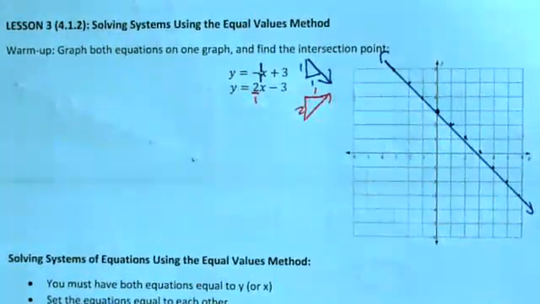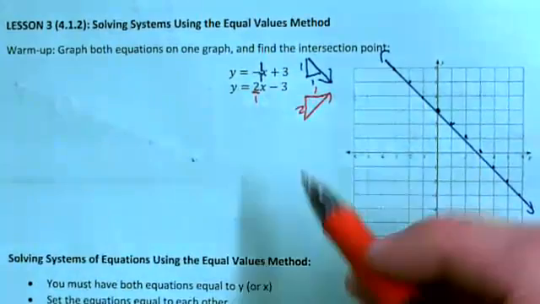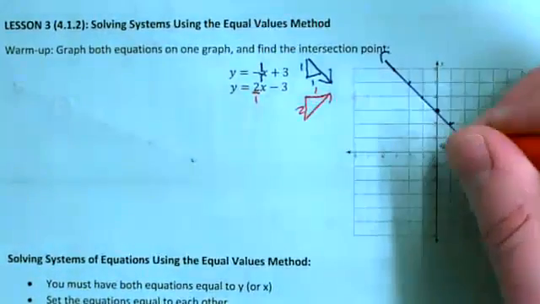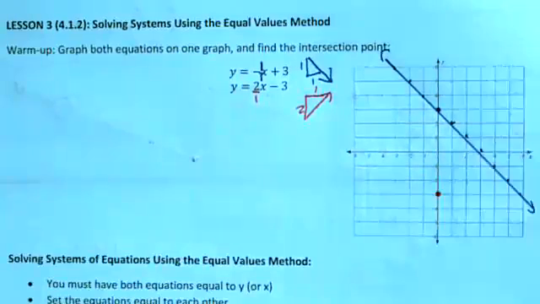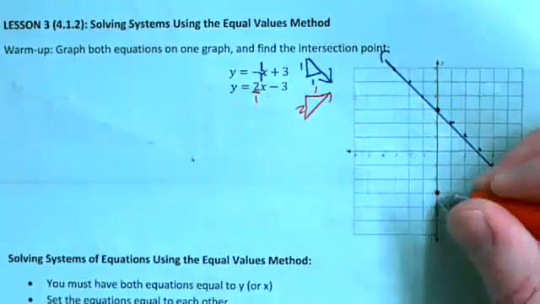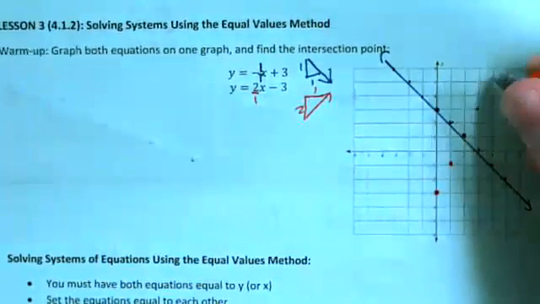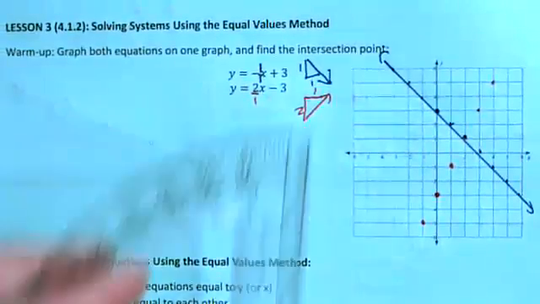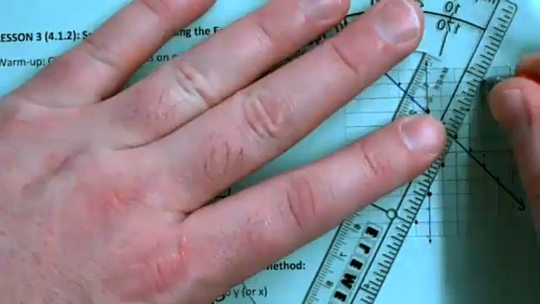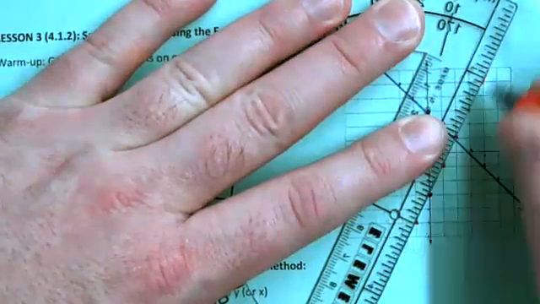So double check always. 2 over 1. So I need to start at negative 3, and count up 2 spaces over 1 space. Right up there.